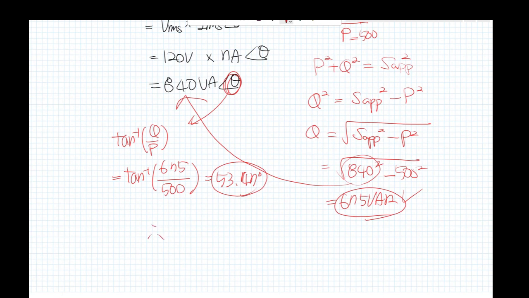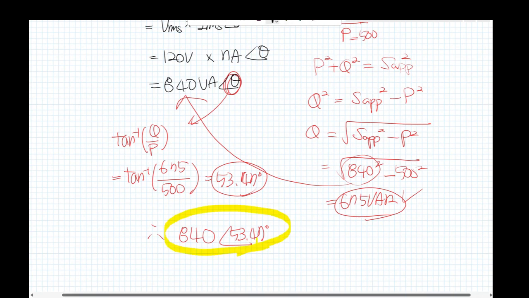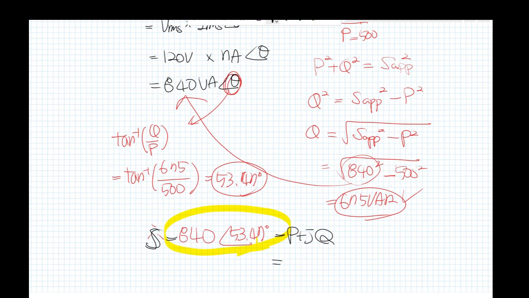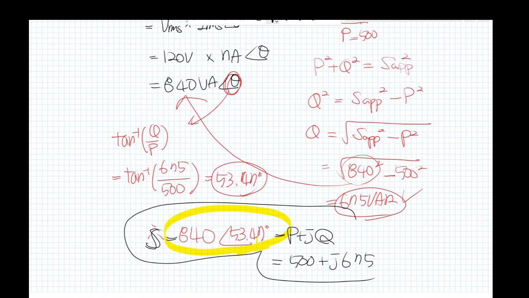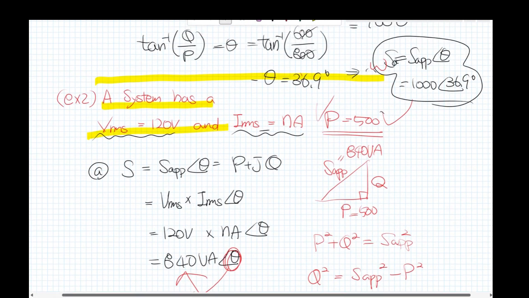So finally, S is 840 VA at an angle of 53.47 degrees. And then in rectangular form, P plus jQ, P is 500 and Q is 675. That is S, the apparent power. Any questions?